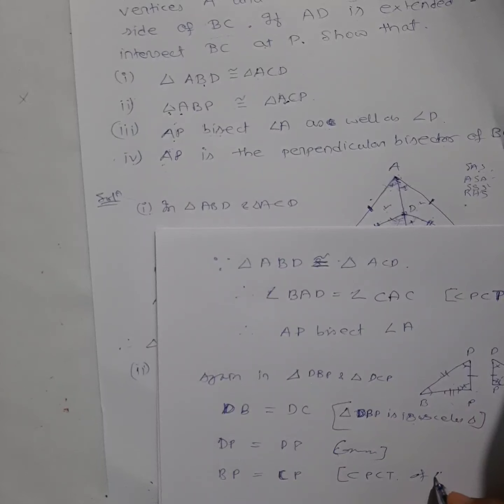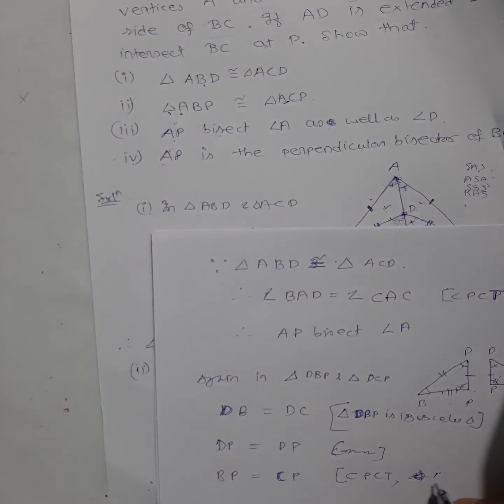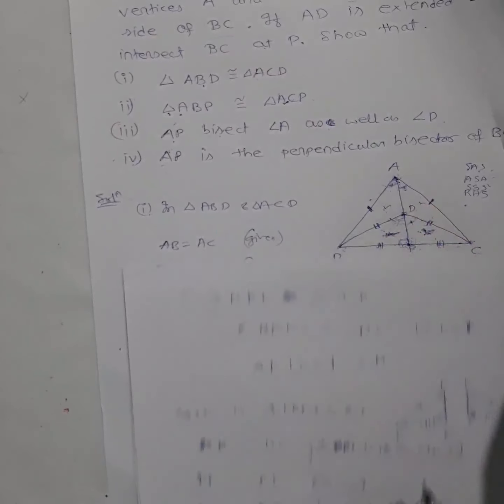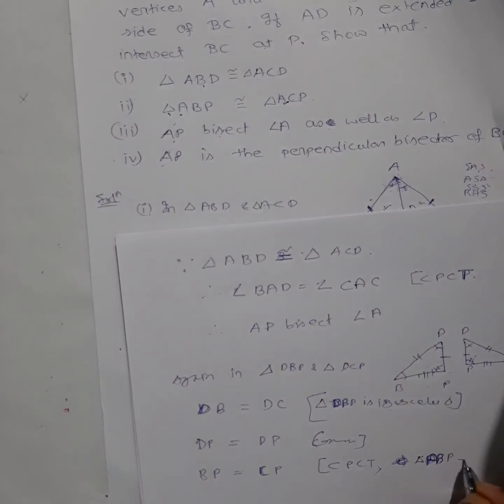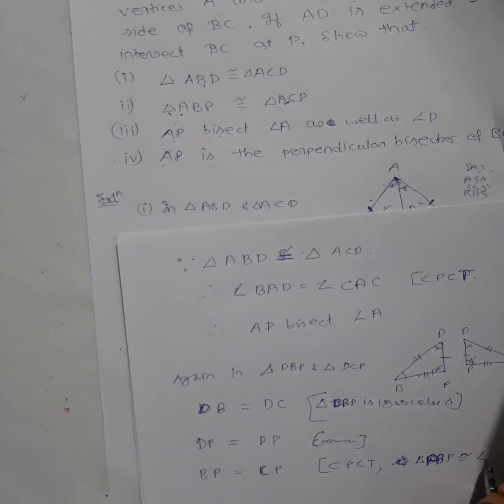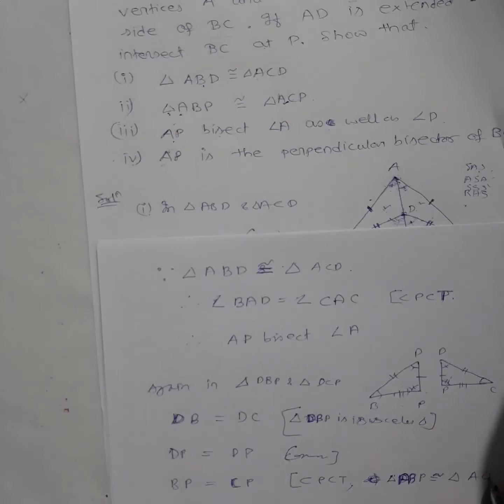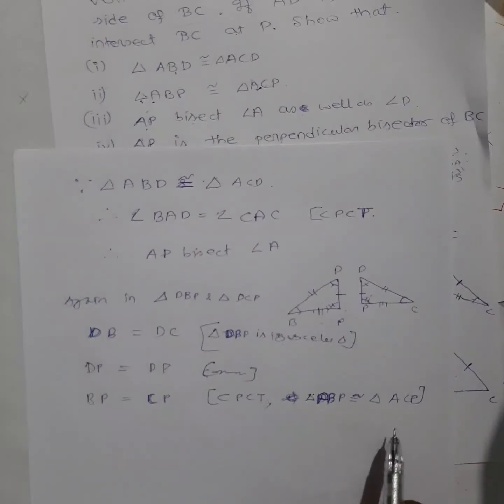Corresponding part of congruent triangle. So which two triangles? Triangle ABP is congruent to triangle ACP. Okay, ACP.